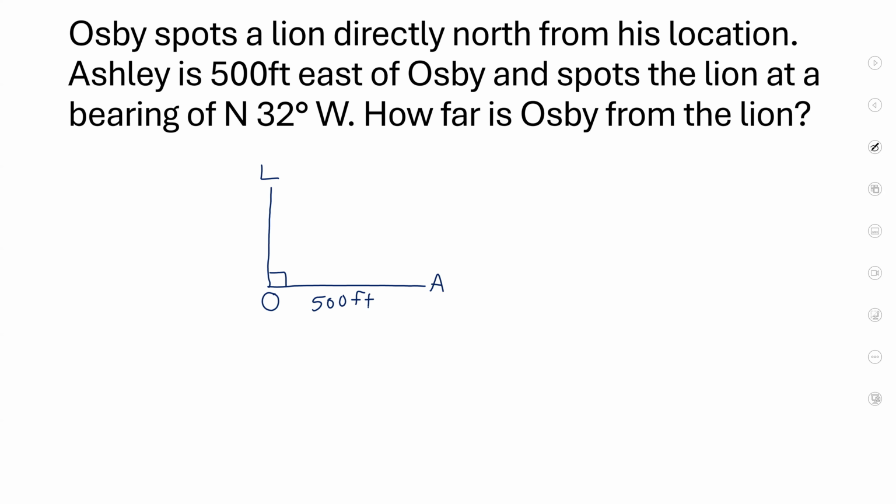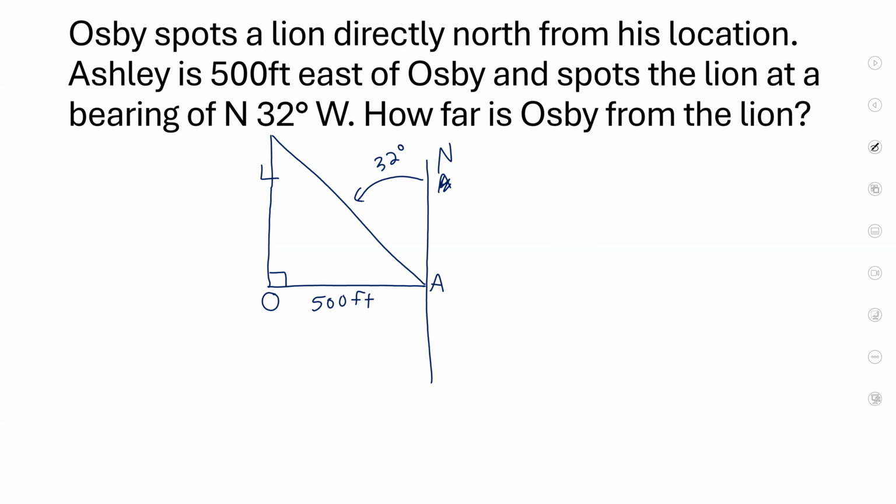So it says Ashley is 500 feet east of Osby and spots the lion at a bearing of north 32 west. So Ashley spots the lion at north 32 degrees going the westward direction. So that's this way.